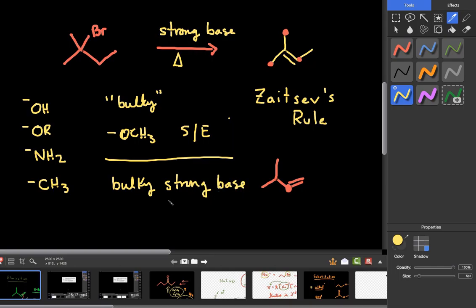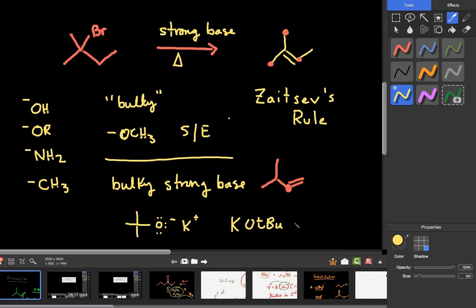There's lots of examples of bulky, strong bases we can use, but one of the classic ones is t-butoxide. Usually the counter ion is potassium. On an ACS exam, you might see it written as KOtBu.